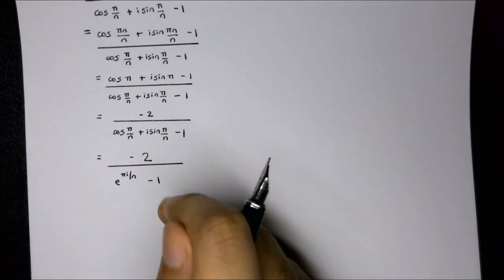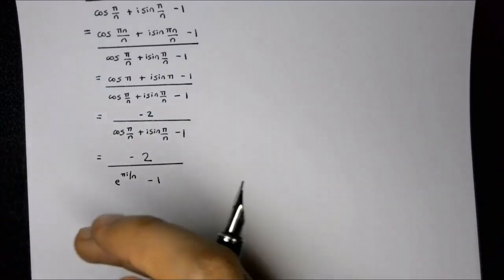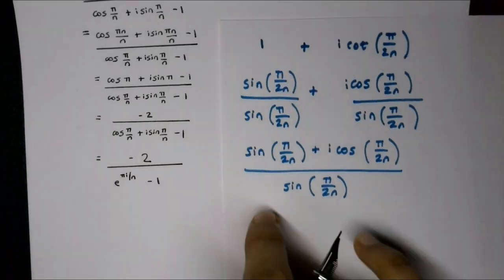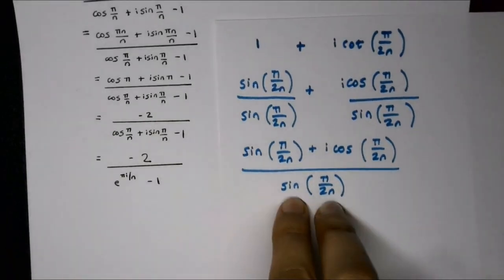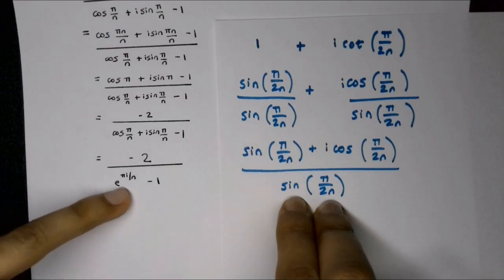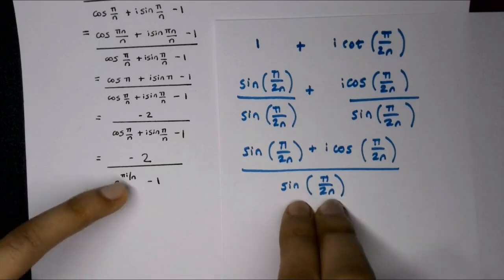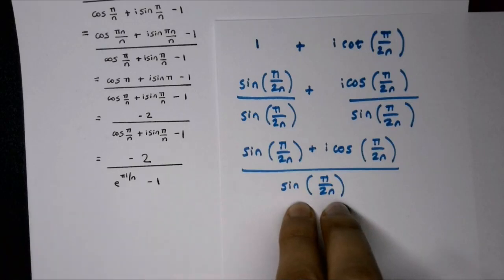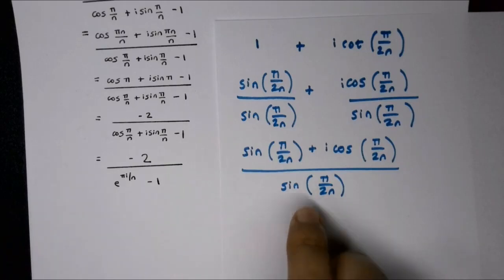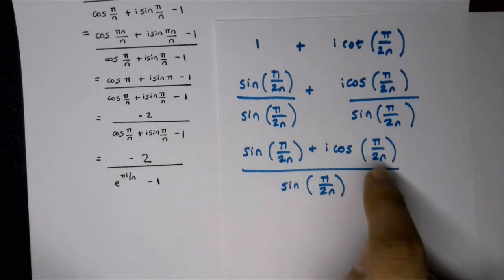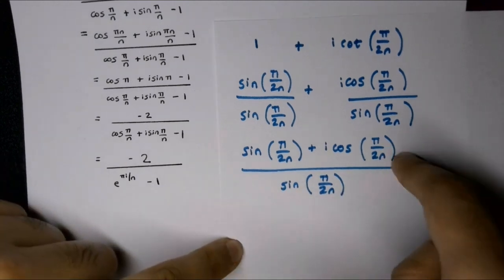Now, if you pay attention to what we want to show, and we talked about the various steps as well, you can see here there is a sine of pi over 2n, and here we have an e to the power of pi i over n, minus 1. Now, we have to think to ourselves, what involves e's and sines? And once we figure that out, we can figure out how to go from here to this step. Because once we're at this step, we can go to this step, to this step, to this step.